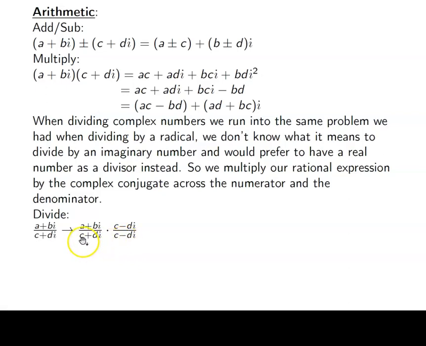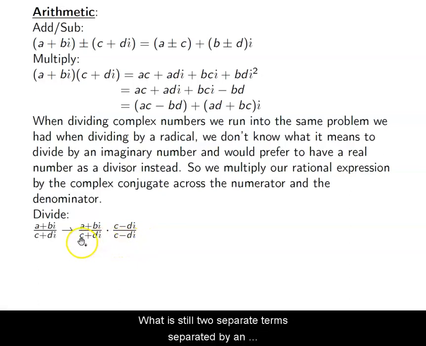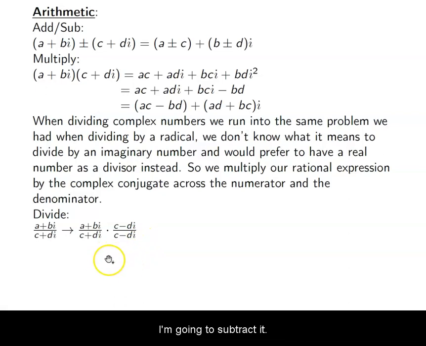So again, this takes the form of a binomial, right? Yeah, there's no x terms, but it's still 2 separate terms separated by an addition and subtraction sign. So it's still going to utilize the difference of squares formula. That is, I'm going to square c, I'm going to square the di, and I'm going to subtract the 2. Okay.